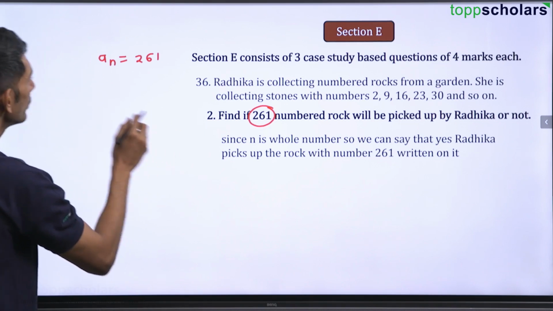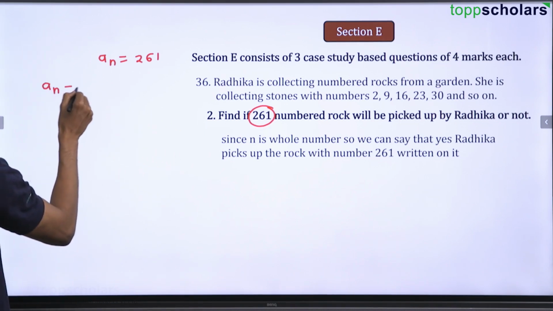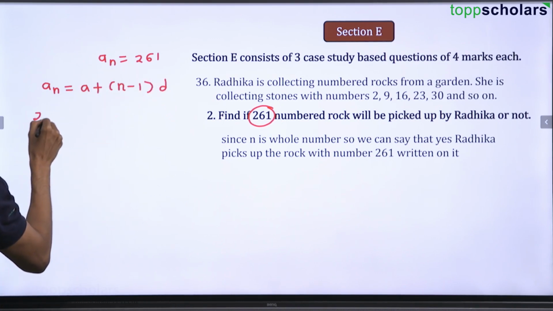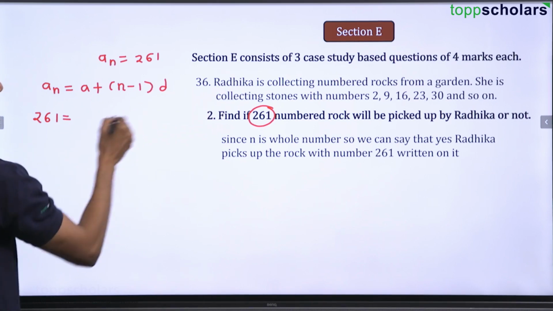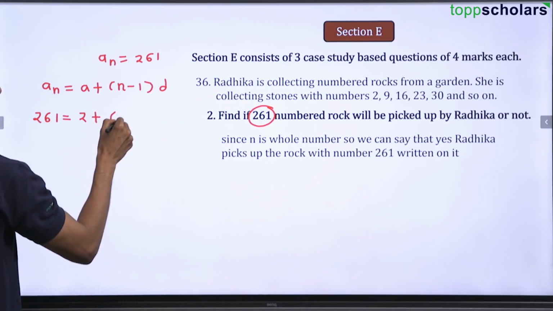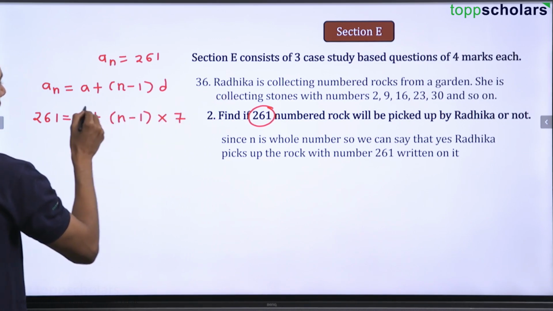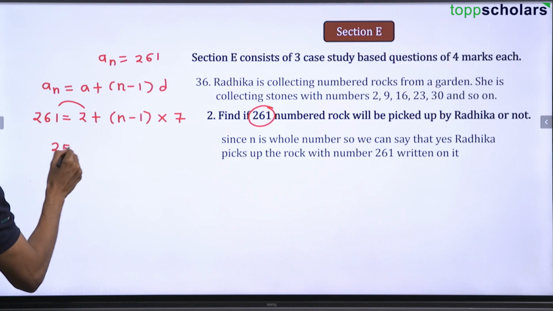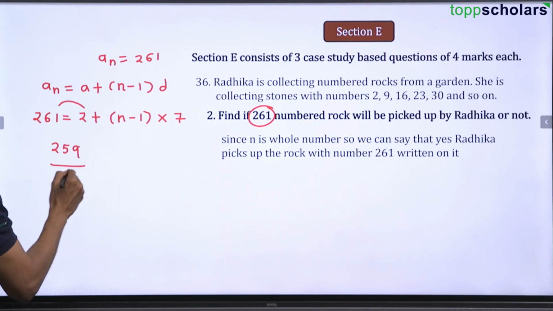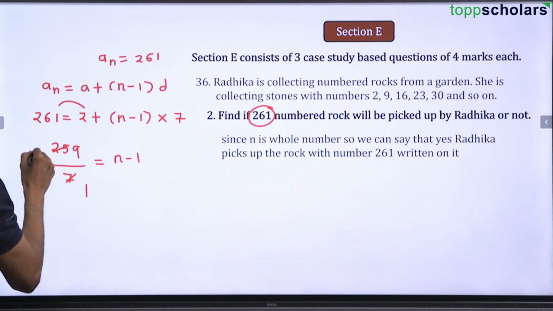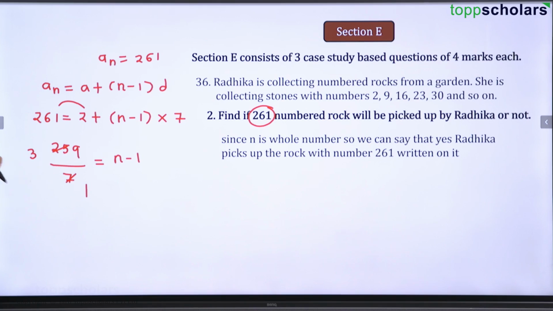So we'll put an is equal to a plus n minus 1 into d. This is 261 is equal to 2 plus n minus 1 into d, and d is 7, right? So 259 divided by 7 is equal to n minus 1. 7 ones are 7, 7 threes are 21, 7 nines are 63, 7 sevens are 49.